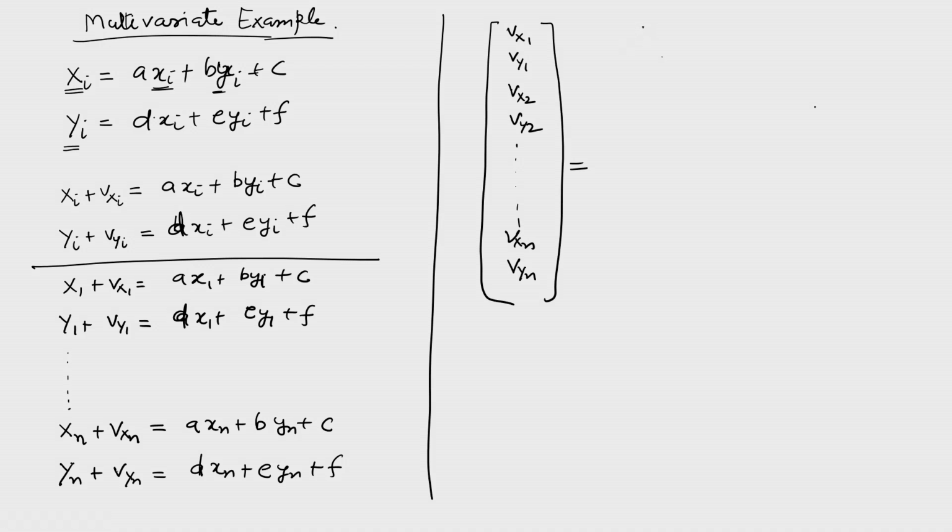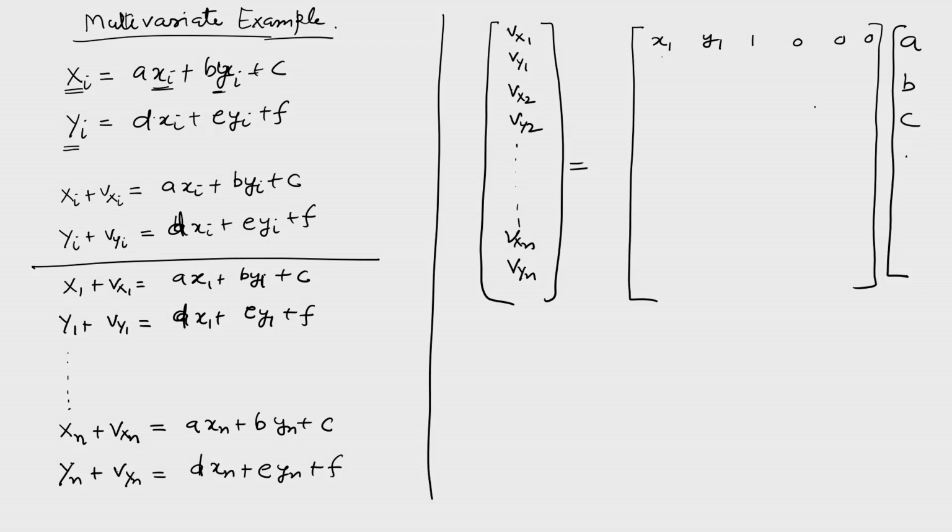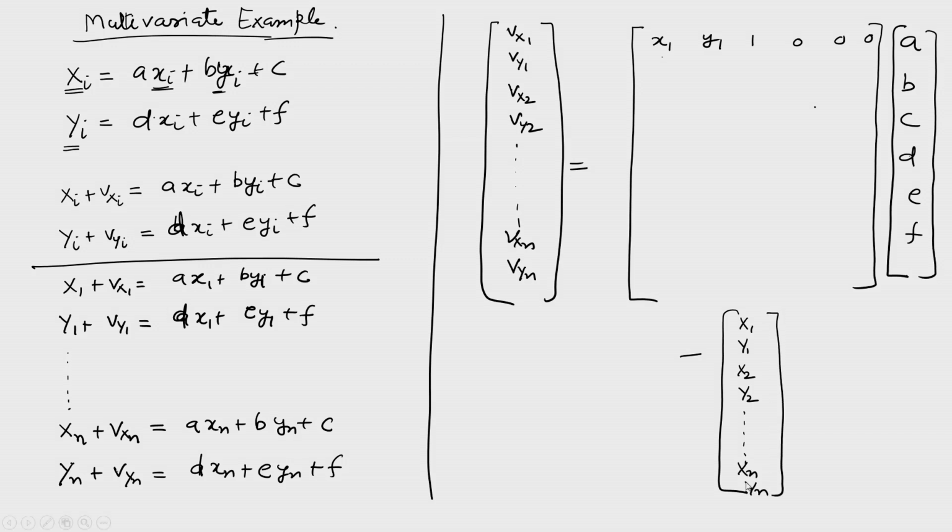So I can write here x1, y1, 1, then 0, 0, 0, and here A, B, C, D, E, F, minus X1, Y1, X2, Y2, up to Xn, Yn, like this.